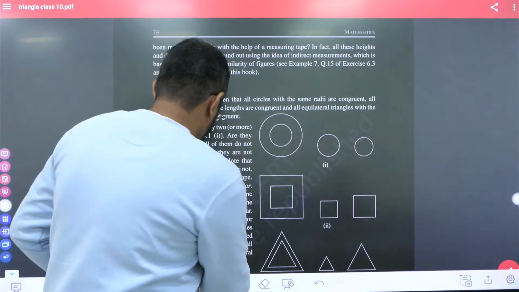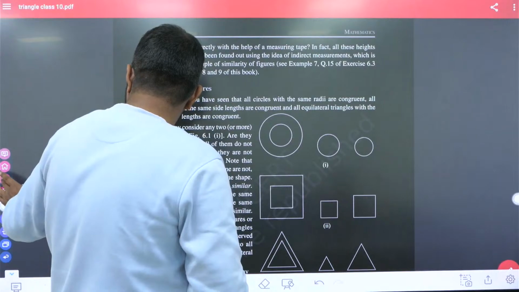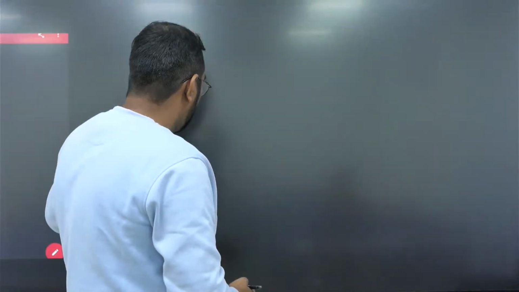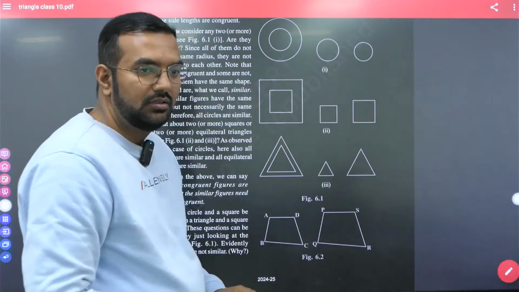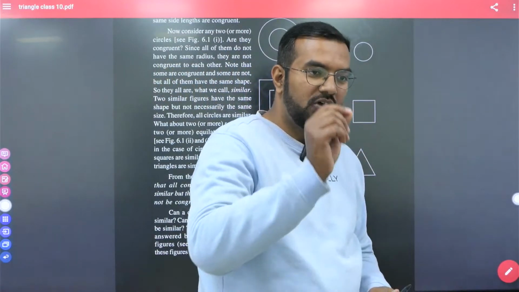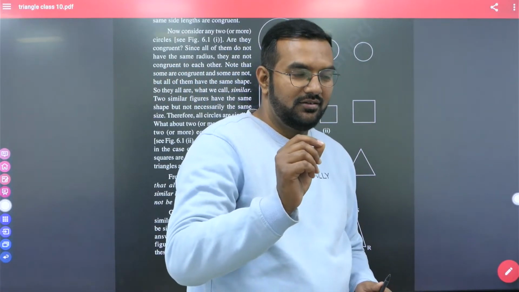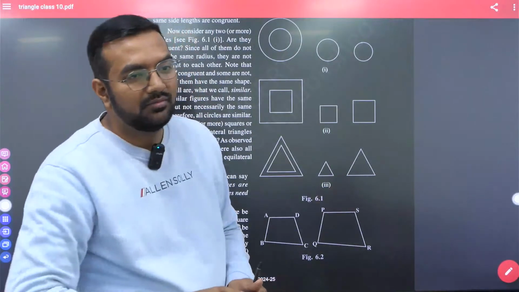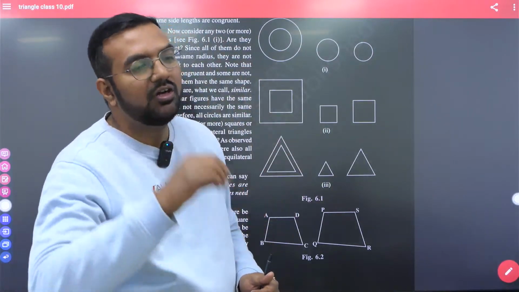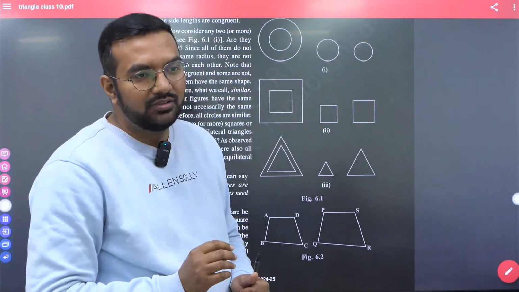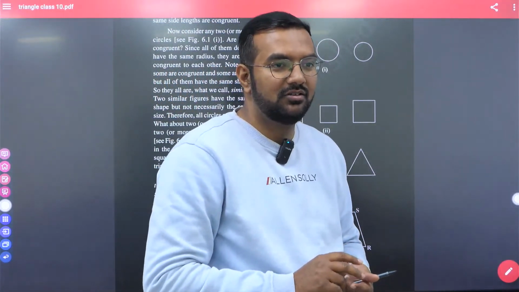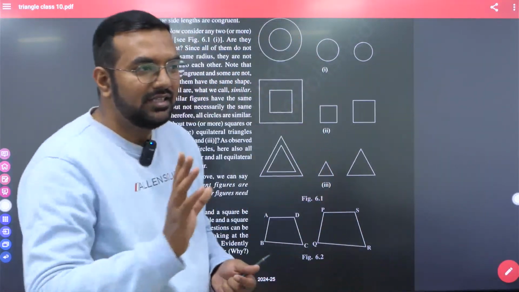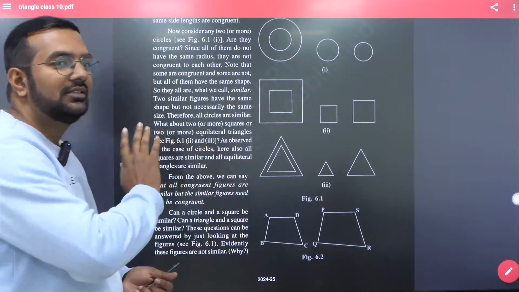We have some more examples here. What do you think about two squares? Suppose you draw a square at one time and after some time you draw another square. Their shape may differ? No, beta. The shape of a square is always the same.